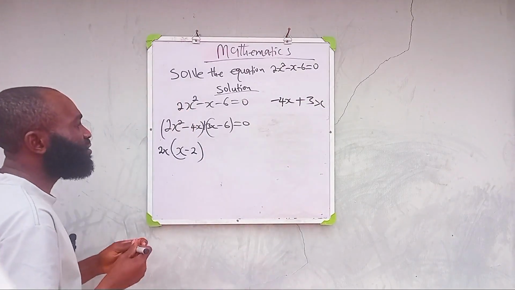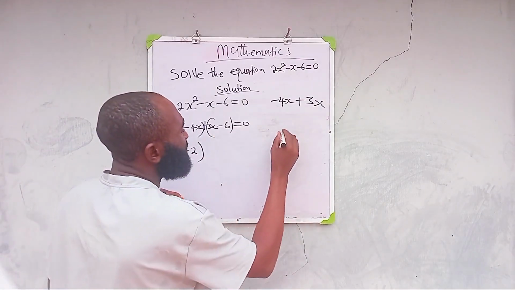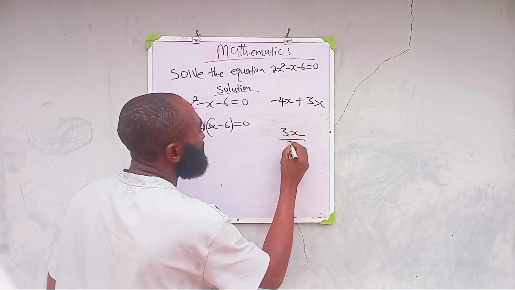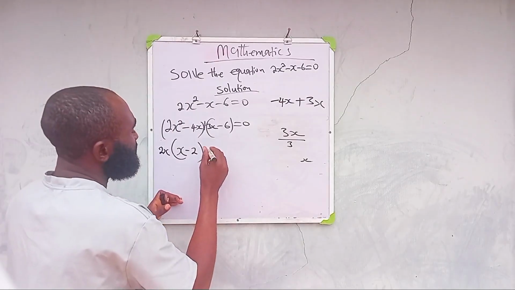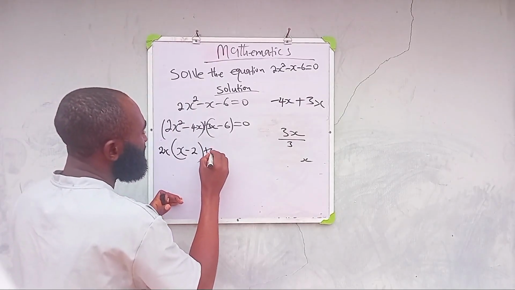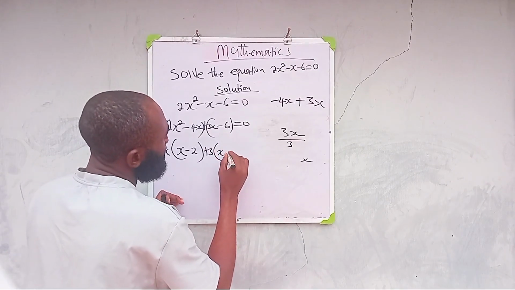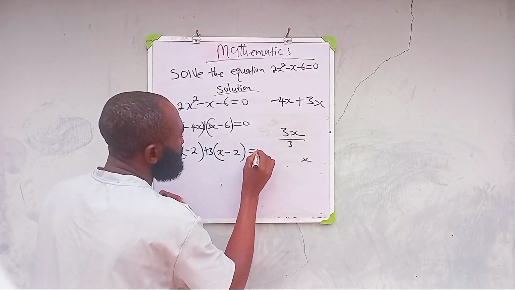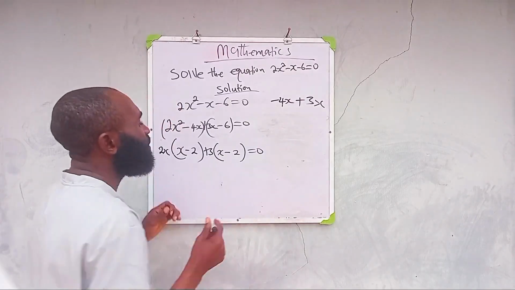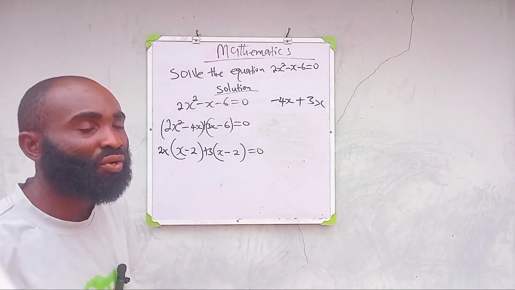Then for the second bracket, the common factor is 3. 3x divided by 3 gives us x, so that is plus 3 bracket open x, and minus 6 divided by 3 is minus 2. You will notice that the two brackets become equal.